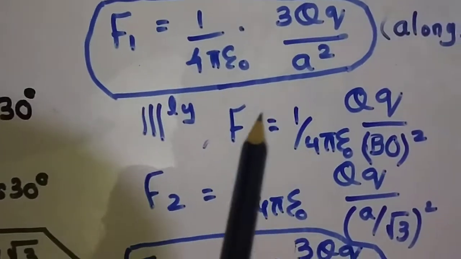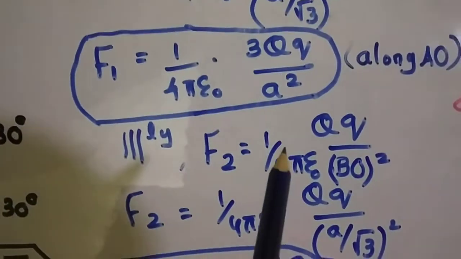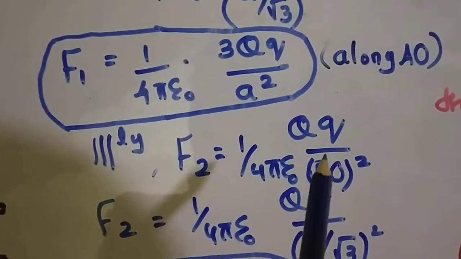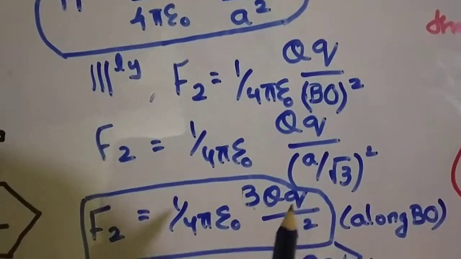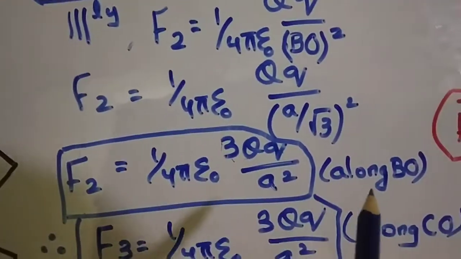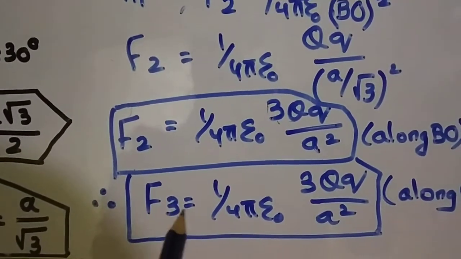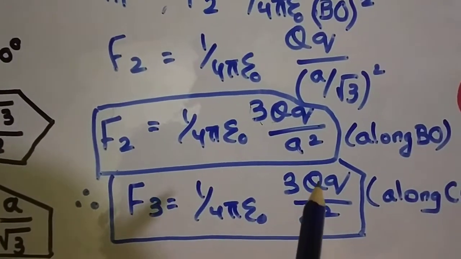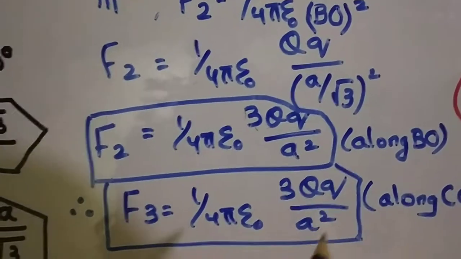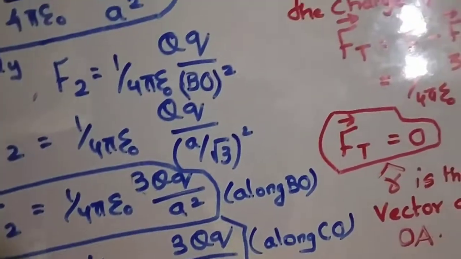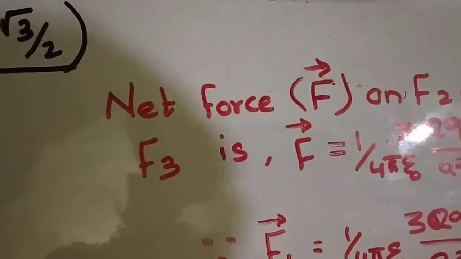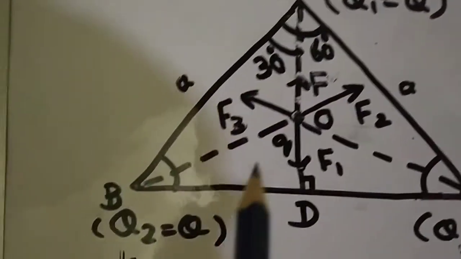Similarly, we find F2, which is equal to 1 by 4 pi epsilon naught 3 QQ by A squared, acting along BO. Again, similarly, F3 is 1 by 4 pi epsilon naught 3 QQ by A squared along CO. Now we are going to find the net force of F2 and F3, as shown in the diagram.